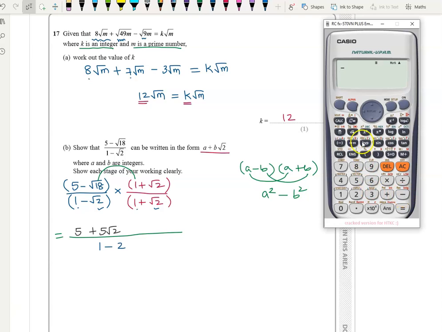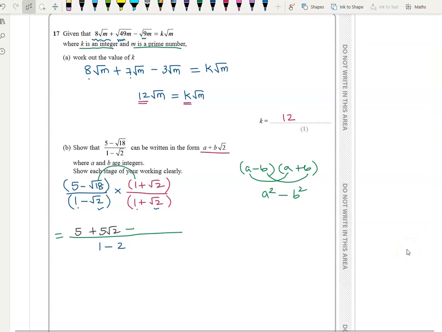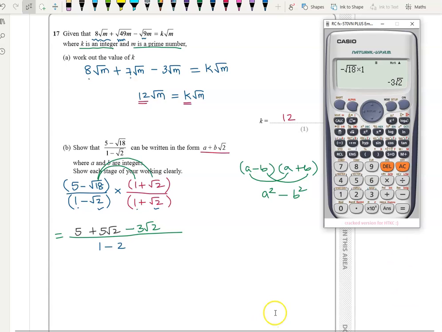So minus square root of 18 times 1 will give us minus 3 root 2. So right here minus 3 root 2, and the next one is minus root 18 times positive root 2. So minus root 18 multiplied by root 2 will give you negative 6.